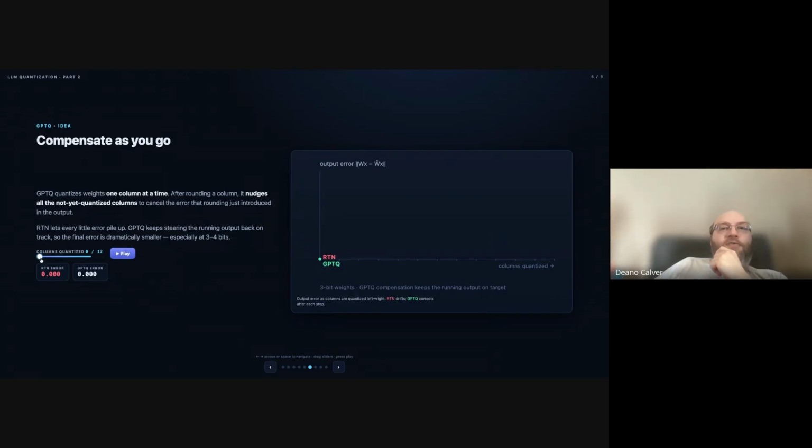It's worth noting it only really works because the data is huge. If you don't have enough data, this won't work because you don't have enough places to correct. But if you watch how it works, you can see right at the beginning here, the RTN, the original quantized value, and the GPTQ value have no difference at 3 bits.